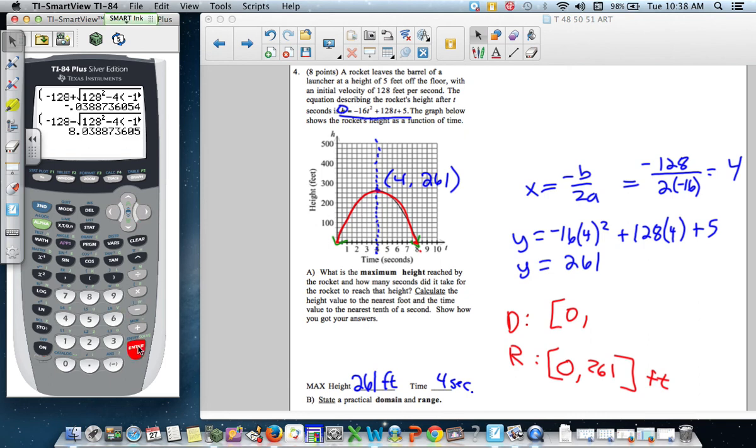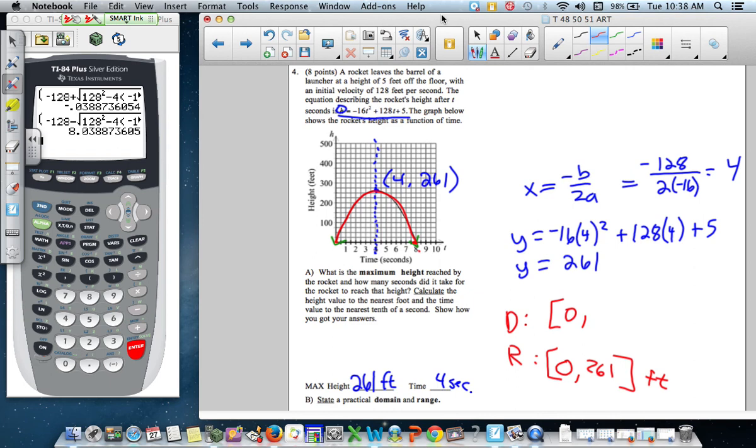There we go. So there's the minus answer. The negative answer doesn't make sense. So the maximum time that makes sense in this problem is the time it takes for it to hit the ground, which is when the height is 0. So it'd be about 8.04 seconds.